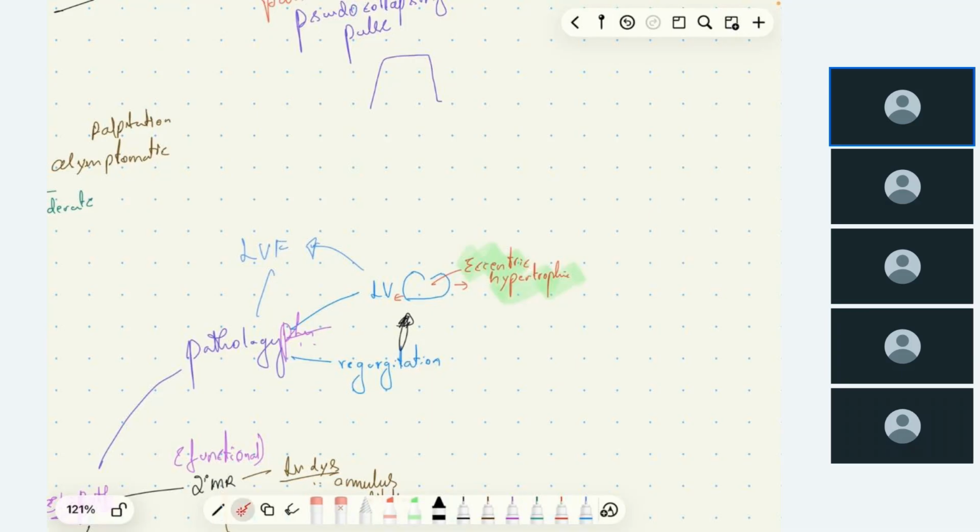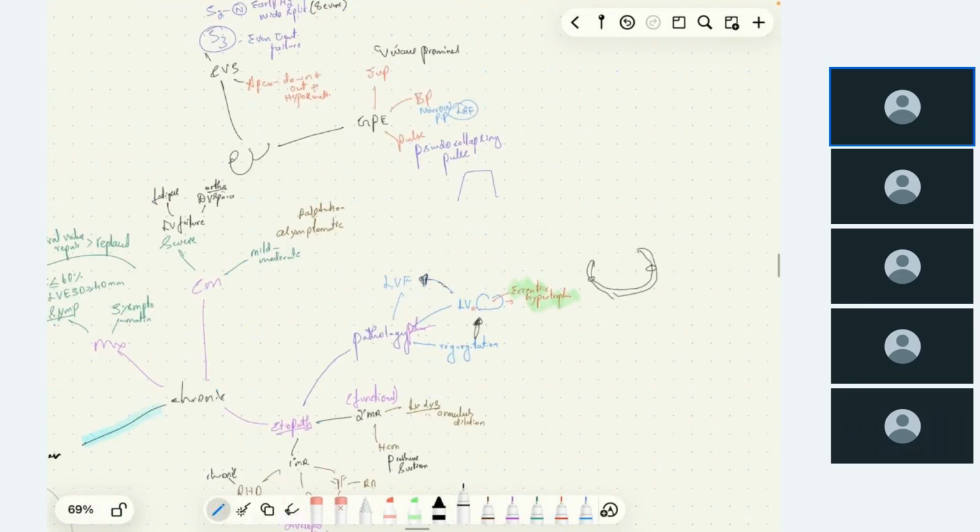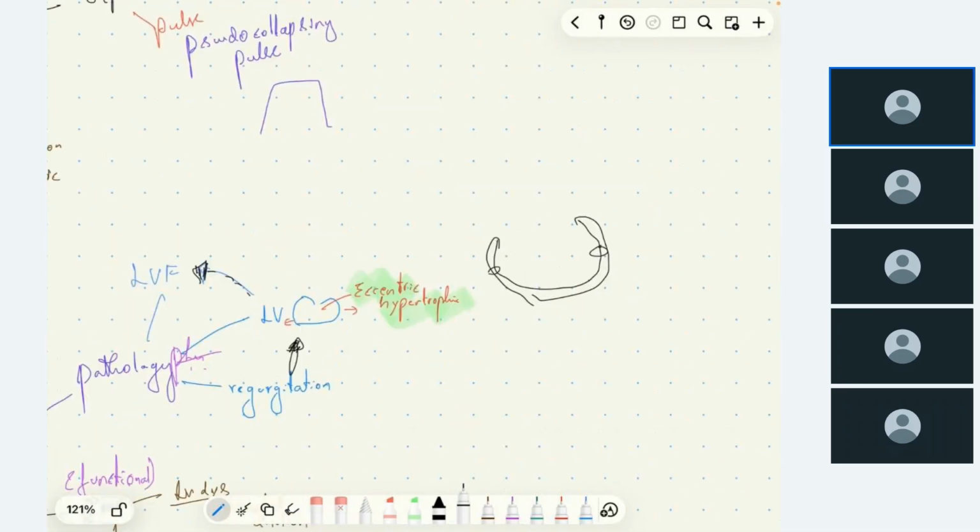So there is increased amount of blood coming on to the left ventricle in each cycle. Due to that, the left ventricle will undergo eccentric hypertrophy, meaning the left ventricle gets dilated and hypertrophied, which may eventually lead on to left ventricular failure due to systolic dysfunction. The muscle dilates. It reaches a phase when it can't contract adequately, leading on to left ventricular failure.